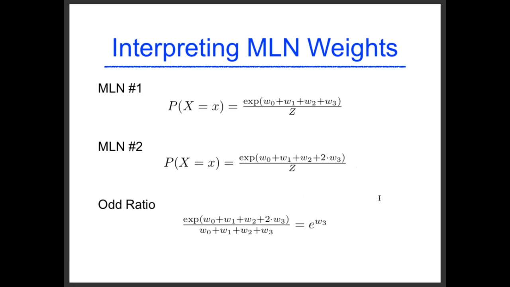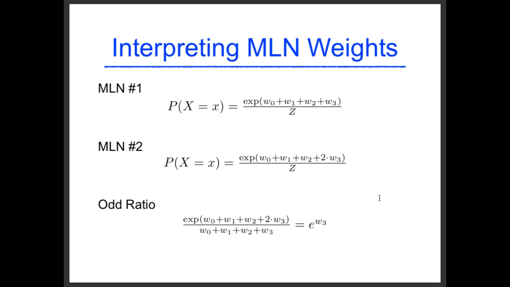You have W0 plus W1 plus W2 plus W3, okay, the 4 weights of the 4 formulae. Then you have the second one where the only thing that changes, so other things being equal, is that you have double the weight for W3. Now if you compute the ratio between the two, you have e to the W3, okay, the ratio.